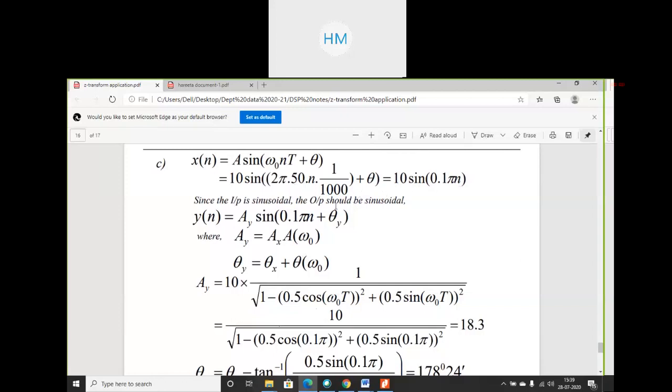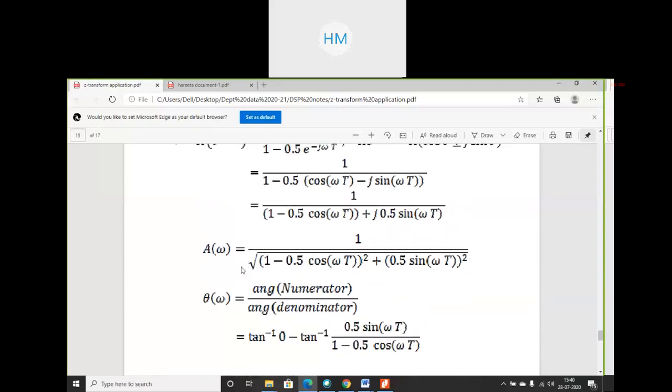Since the input is sinusoidal, the output should be sinusoidal. x of n is equal to A sin of omega 0 nT plus theta. Omega 0 is 2 pi f, and T is 1 upon the sampling frequency, 1 kilohertz. So this is this. y of n is the output, Ay sin of 0.1 pi n plus theta y, where Ay is the amplitude and theta y is the phase angle.